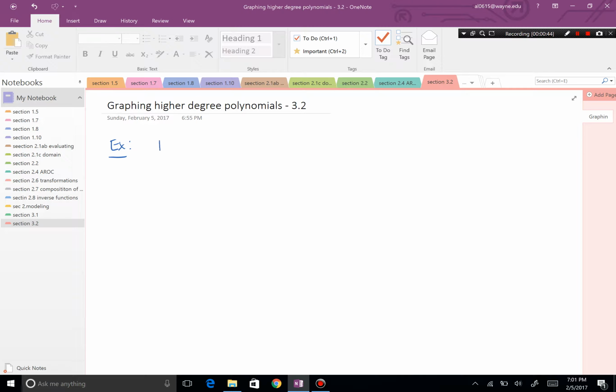How about p of x equals negative x cubed plus 2x squared plus 15x? How would we even graph that or go about approaching that?